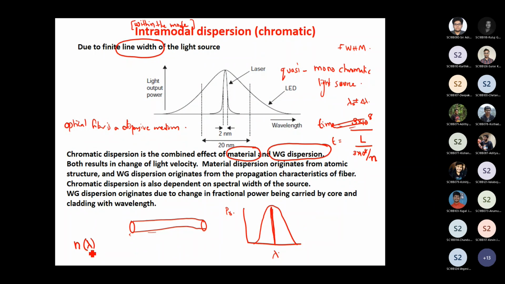Depending upon the wavelength propagating inside the medium, the refractive index also changes. So n is always a function of lambda, or in other words, a function of omega. Such mediums are called dispersive mediums.